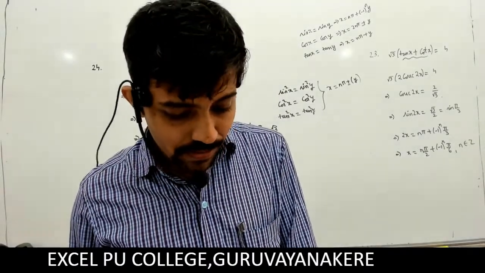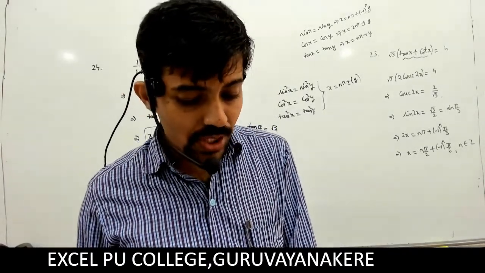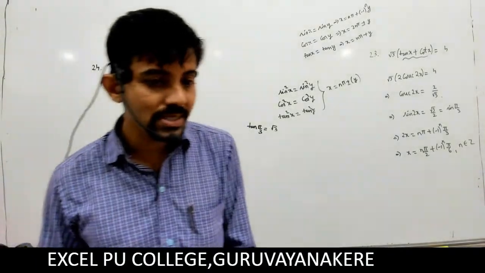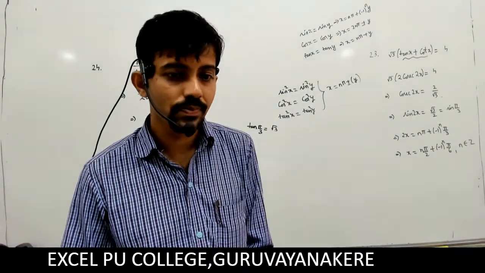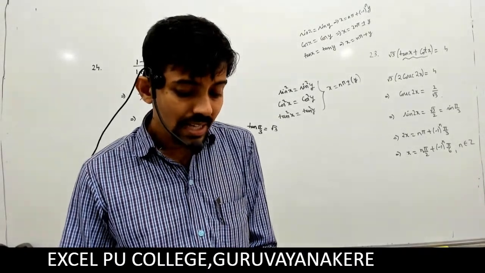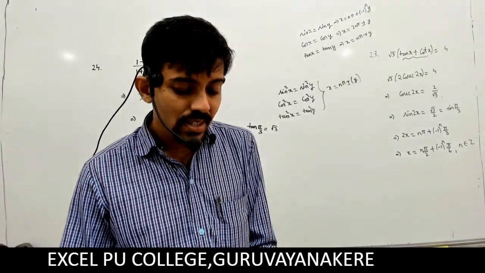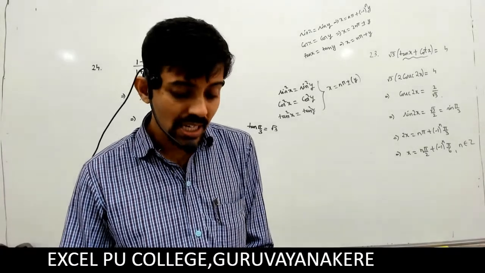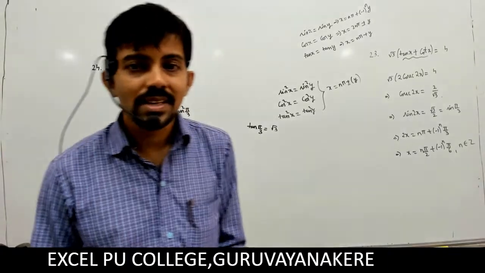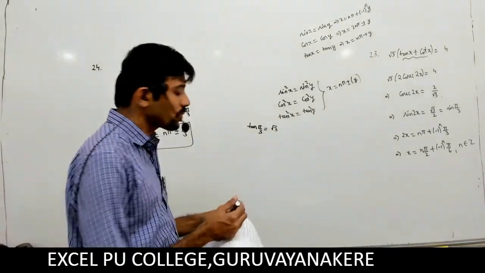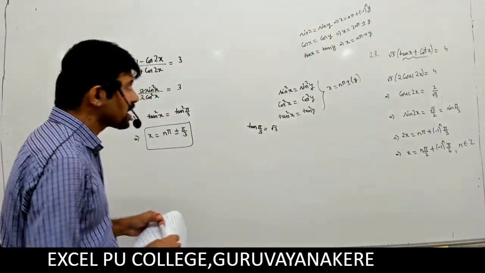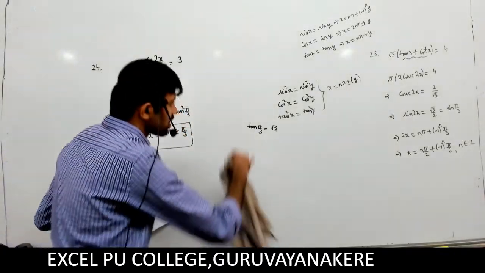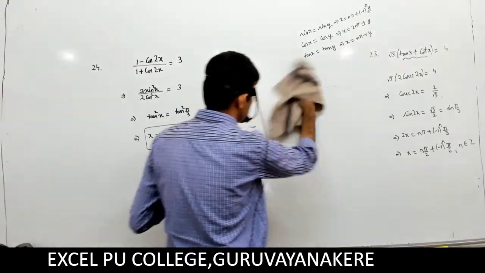Next one, 25th. Need to find the general solution of 9 to the power sin x minus 2 into 3 power sin x plus 1 equal to 0. This can be simplified to a quadratic in 3 to the power sin x. You know the relation between 9 and 3. 9 is 3 square. So we simplify this and write it as a quadratic equation by making a suitable substitution.